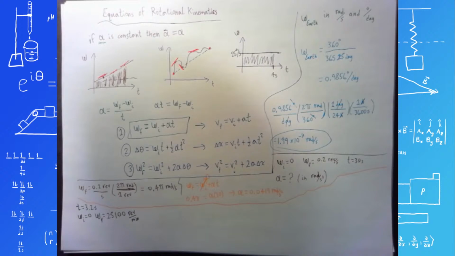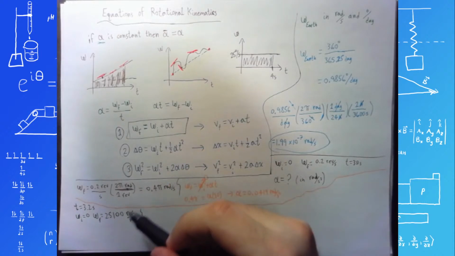All right, we don't have to convert that to radians for the first part, which says find the drill's angular acceleration, but we might as well, because we're going to have to do a conversion in the second part anyway, and that conversion will be much easier if you find the angular acceleration in radians per second squared.